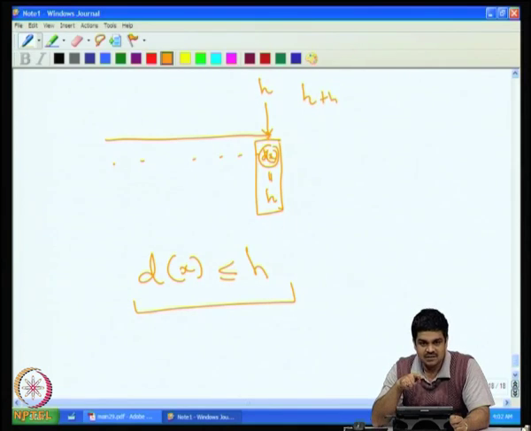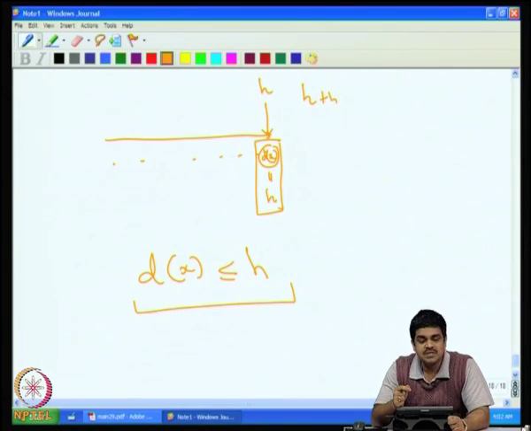Otherwise, we would have taken that orange vertex and y. Because d of y is the same in both sums, we can infer that the degree of each of the orange vertices has to be less than or equal to the degree of x, which is h. So, each of those numbers is less than or equal to h. Now, in the degree sequence those numbers will get listed first, before the degree of x, which equals h, is listed.